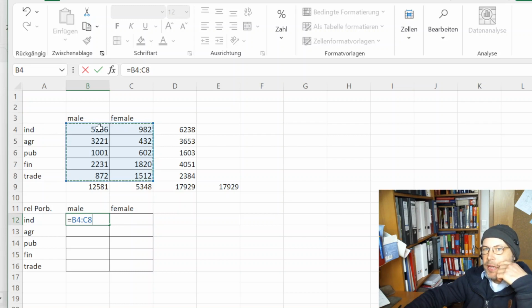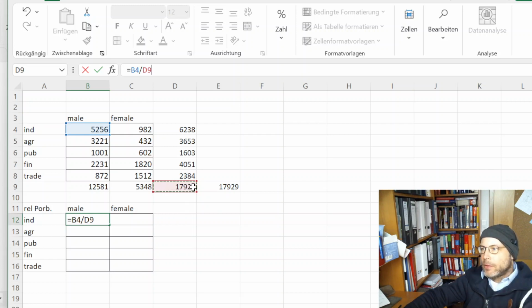Then, of course, I have to divide this number by this number. And now we want to do this with all numbers within our table.